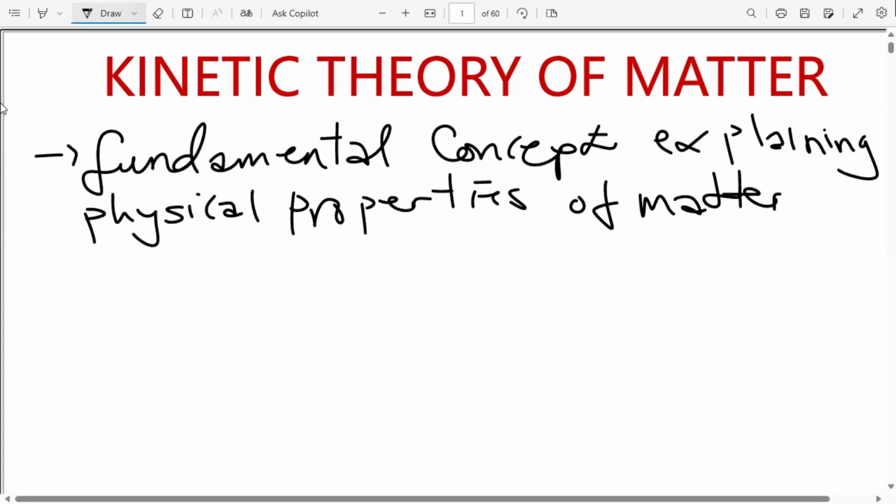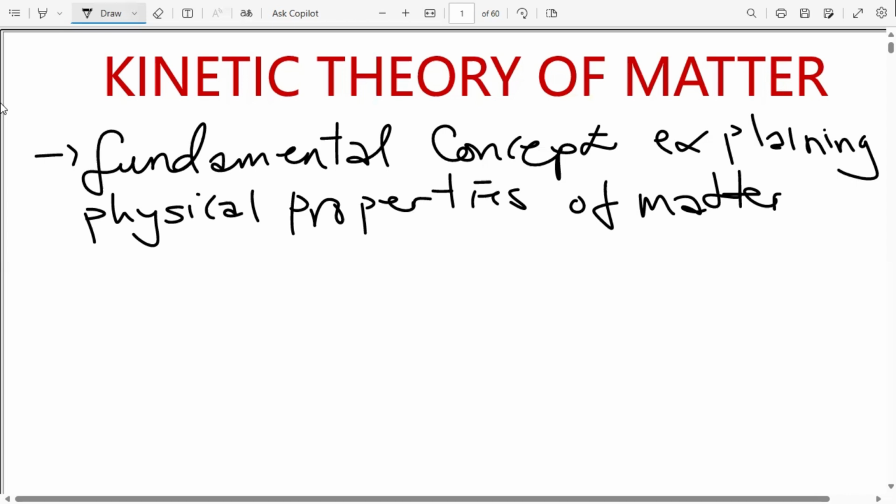The more energy these particles have, the faster they are going to move. And that, guys, is basically the whole concept surrounding the kinetic theory of matter. It explains the fundamental concept behind the physical properties of matter, mostly concentrating on the motion of its constituent particles.